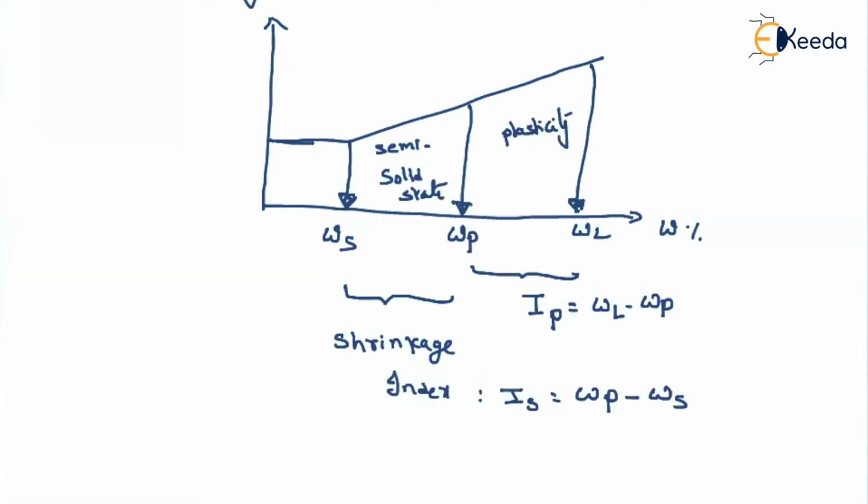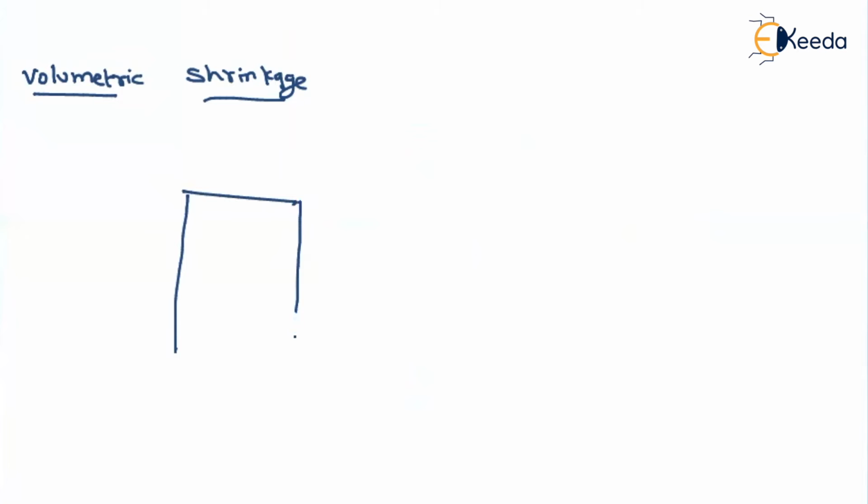Okay. Now let us talk about volumetric shrinkage. What is meant by volumetric shrinkage? Imagine that at some water content, the soil consists of solids and water, and let us say it has some water content W1 percent and the volume of the soil is V1.